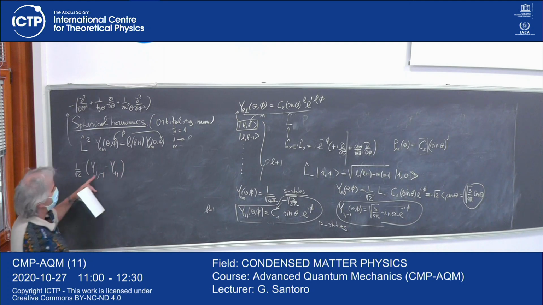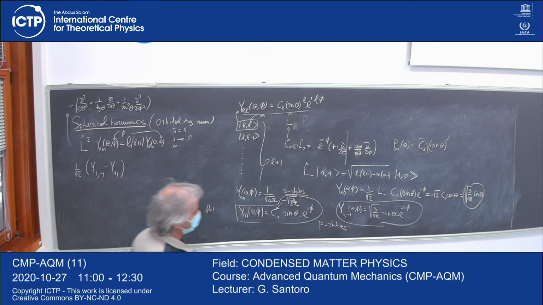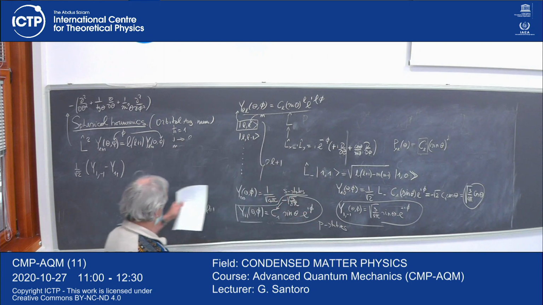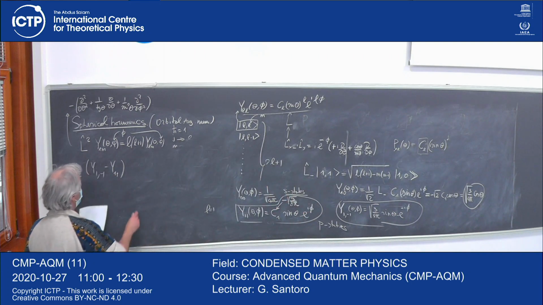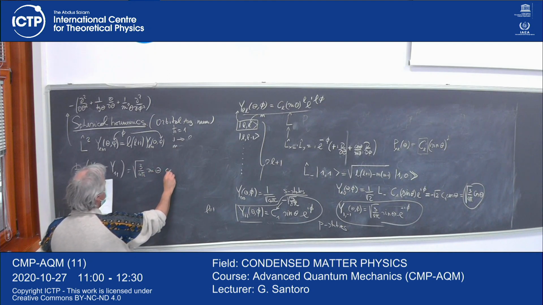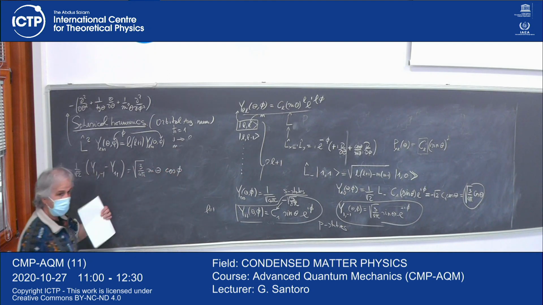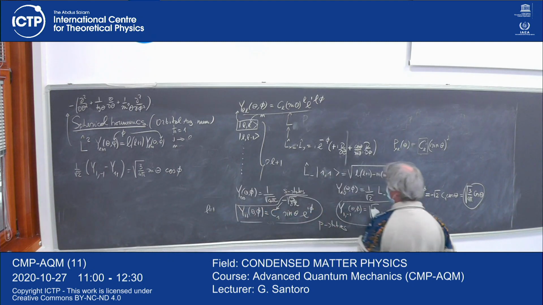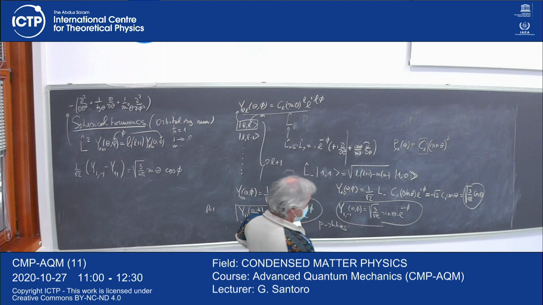Okay? If you do it with the minus sign, you realize that I get e to the minus minus e to the plus here, and what you get is the cos phi. So you get square root of 3 over 4 pi, then I have the sine theta, and then I get the cos phi. Because there is also an extra minus sign here.